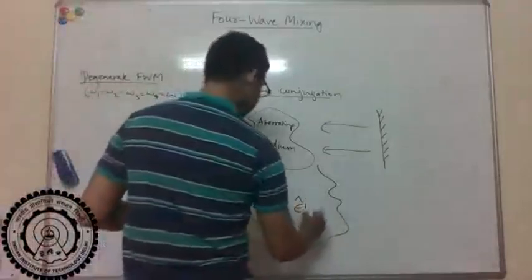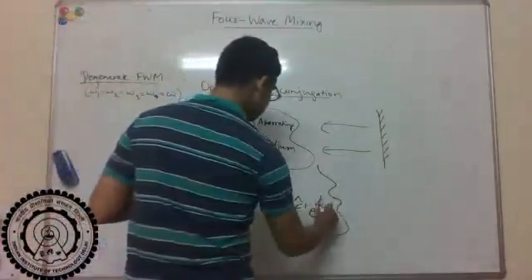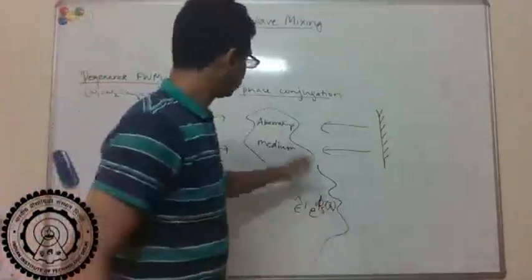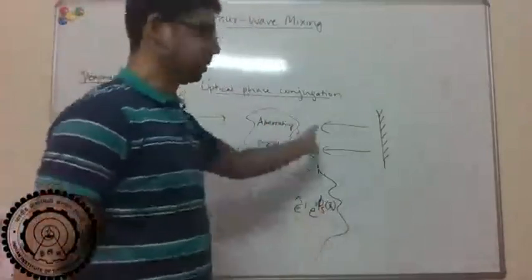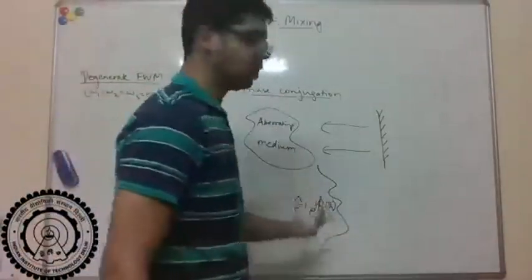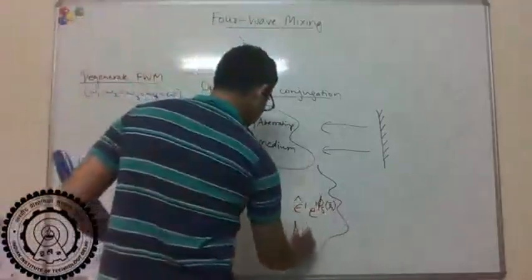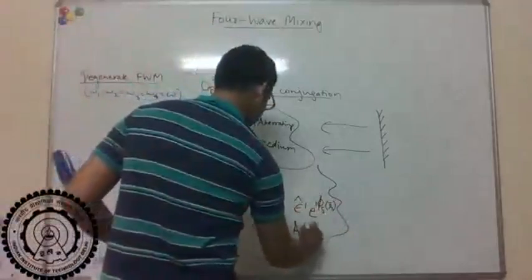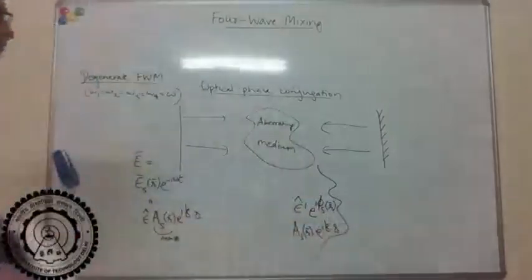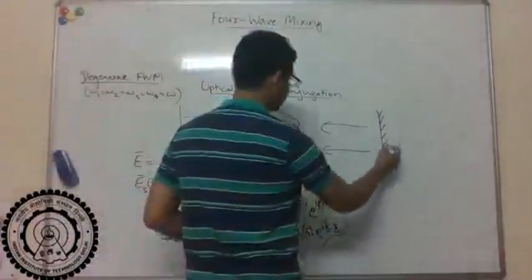And then it adds some random phase to my illuminating wave. This phi_s of r is due to the medium, which has some very complicated profile. So this is now multiplied with my input.